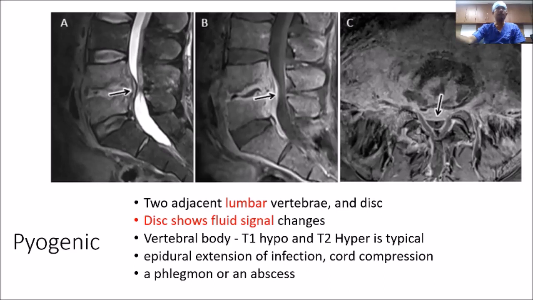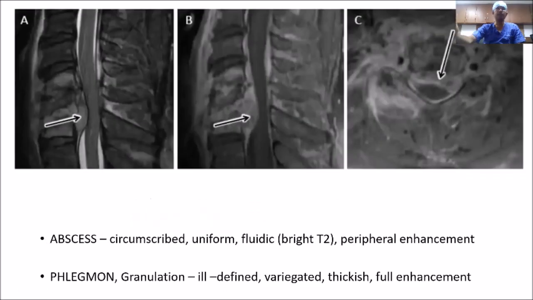So you see fluid signal changes within the disc along with the vertebral fluid collection early in the course of the disease in a pyogenic infection. And in a pyogenic infection, we also like to differentiate an abscess from a phlegmon. A phlegmon is also another name for granulation tissue.